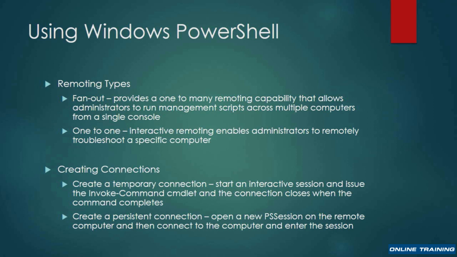If it's temporary, you start an interactive session and then you use the Invoke cmdlet and execute a command against a remote computer, and then the session closes when the command is done. So you basically hit the remote computer, run a command, get the results, send them back to the source, and then it's over. If you create a PS session, with New-PSSession as the cmdlet, then you're creating a persistent connection. You can then connect to the remote computer and enter that session.